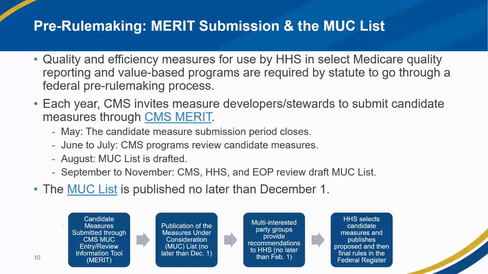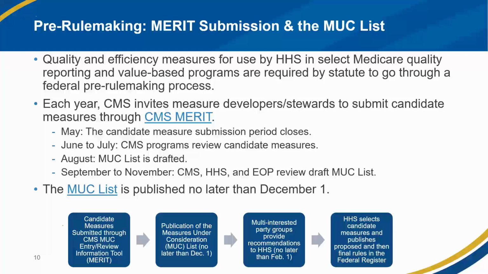Then come August, we have that list together of measures that we are considering putting into our program. It's drafted. And then from September until November, it goes through review by not only CMS and all of the various components of CMS, but also HHS as well as EOP, the Office of the Executive President. Once it's gone through all of those reviews, it's published no later than December 1st.